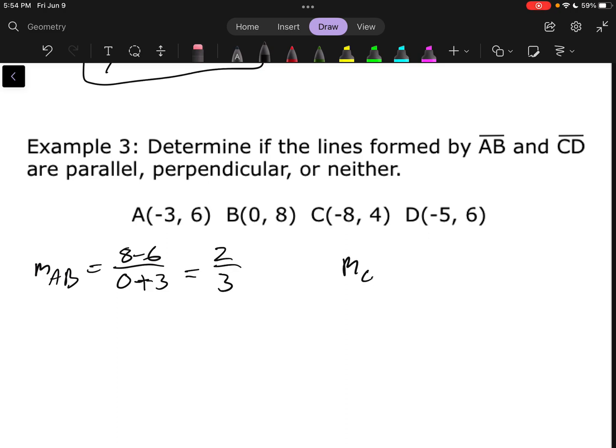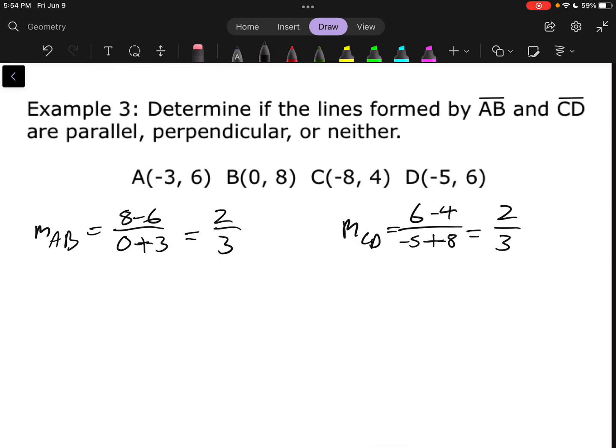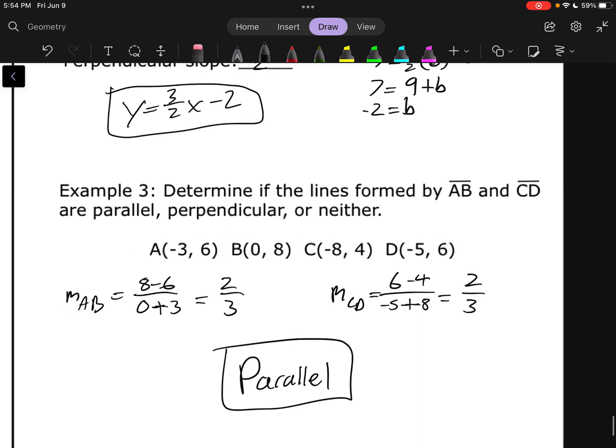For CD, we're going to do 6 minus 4 over -5 minus -8, which would be plus 8. 6 minus 4 is 2. -5 plus 8 is 3. So I got a slope of 2 over 3 and a slope of 2 over 3. Those lines are parallel. All right, hopefully that went well, and that's going to wrap it up for this video.